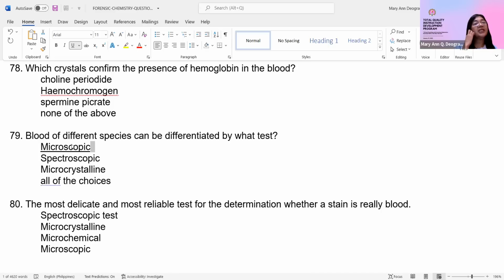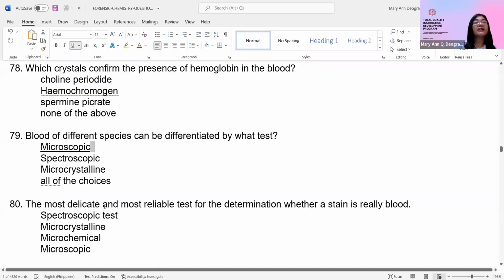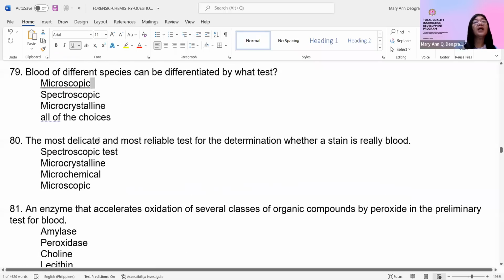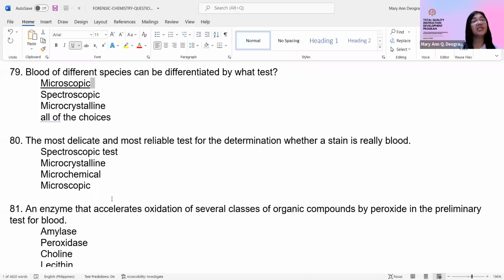Number 80, the most delicate and most reliable test for the determination of whether stain is really blood. Kasi all of these are confirmatory tests eh. O alin dyan yung pinaka-reliable sa lahat. Okay, letter A. Bakit siya letter A?